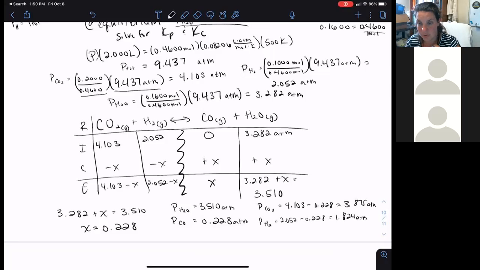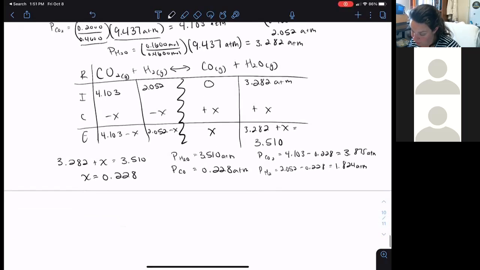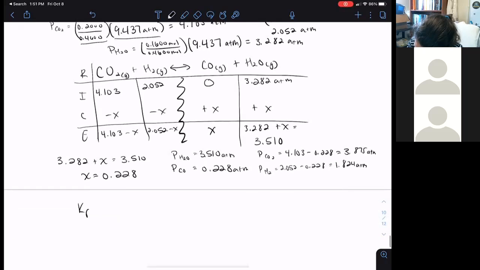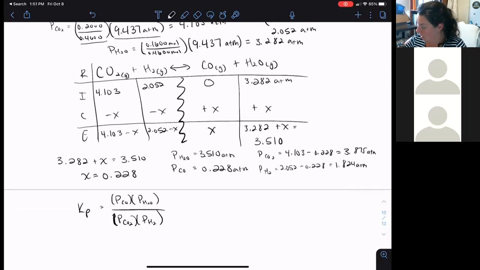Okay. From here, we can solve for our Kp, since we have all of our partial pressures. So our Kp is going to be equal to the partial pressure of CO times the partial pressure of H2O divided by the partial pressure of CO2 times the partial pressure of H2. And then we just plug and chug.